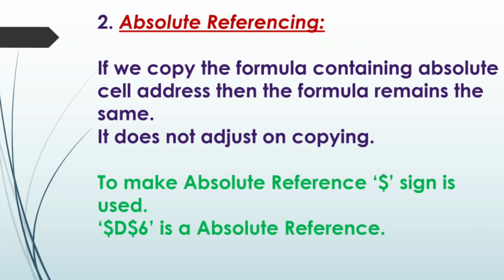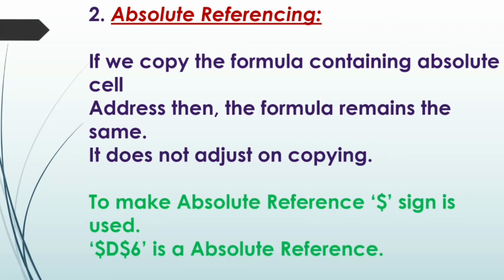To make an absolute cell reference, we put a $ sign before the parts of the formula, that is either column or row, whatever we want to keep absolute. For example, $D$6 is an absolute reference where we put a $ sign before the row number as well as the column name. So this $ sign makes the column name as well as the row absolute.